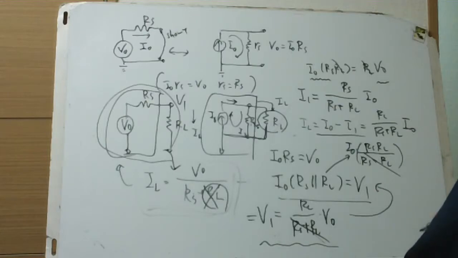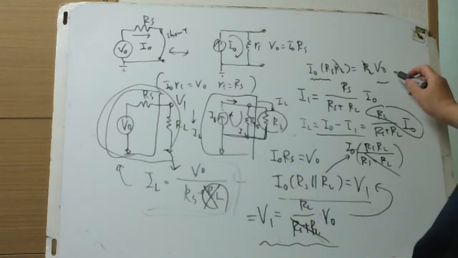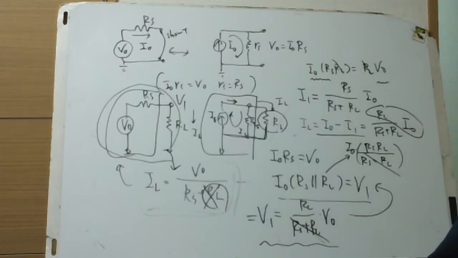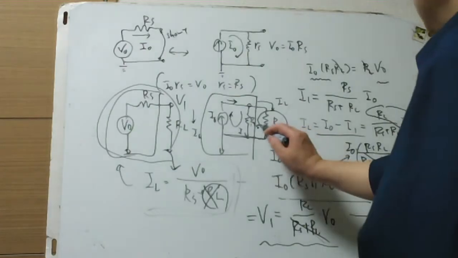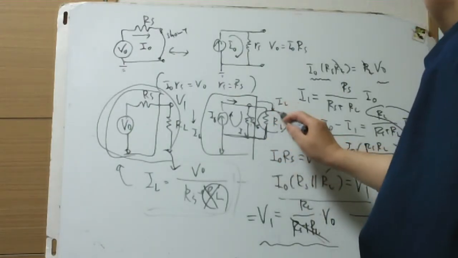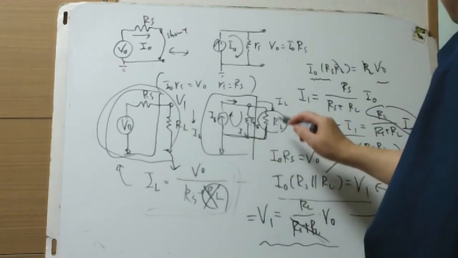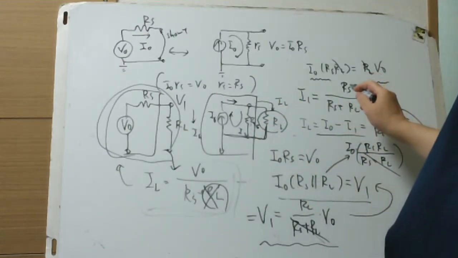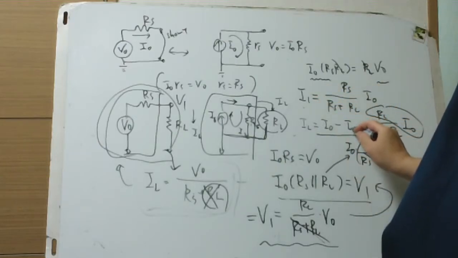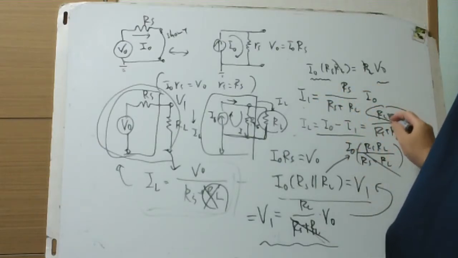IL is this, but IO, of course, is not VO, so current IL equals IS over RS, I1, this minus this, RL.